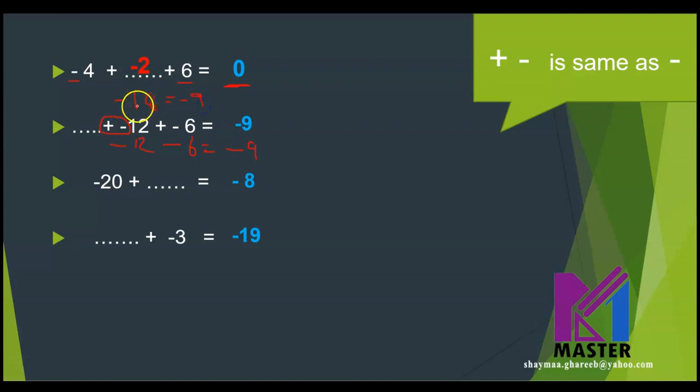So the -18 is getting bigger. It became -9. So it needs, what do you think? Adding 9. So 9 minus 18 gives -9. So the missing number here will be, yes, 9. Let me erase this to make the answer clear.